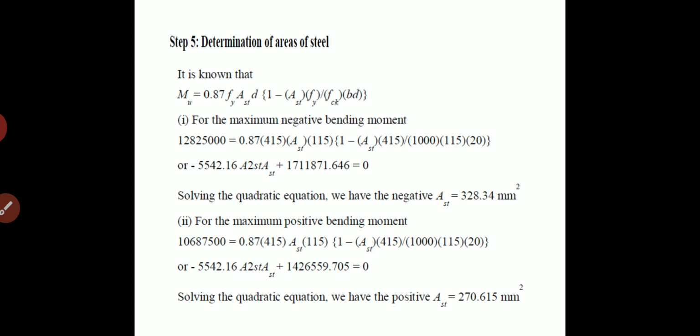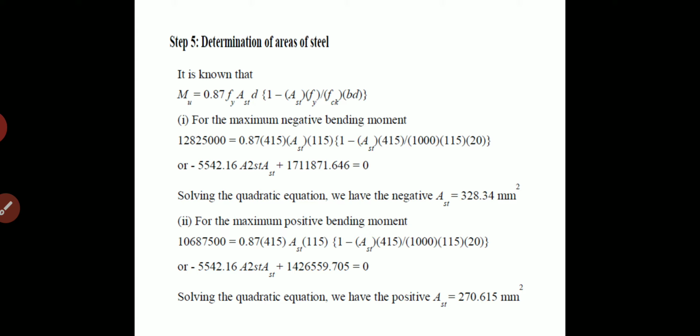Next, step 5, determination of areas of steel. It is known that Mu equal to 0.87 Fy AST into d bracket 1 minus AST Fy upon Fck into bd.